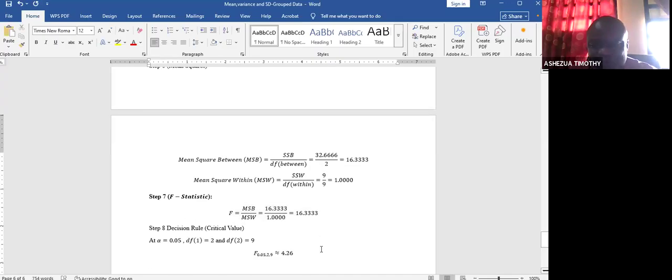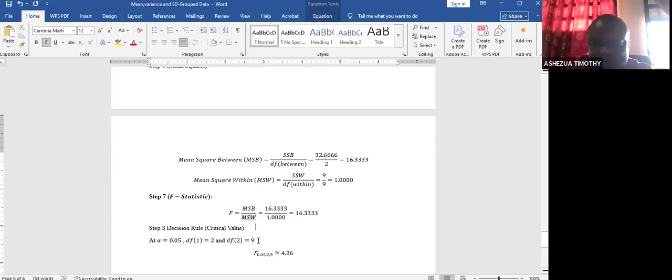Now, critical decision. Ladies and gentlemen, at 5% level of significance, the degree of freedom for 1 is 2 and that of 2 is 9.